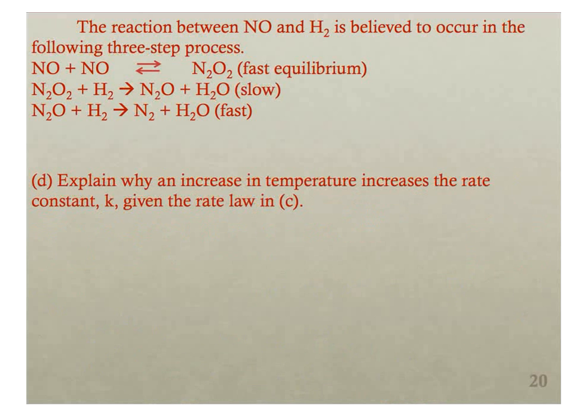All right, now here it says explain why an increase in temperature increases the rate constant K given our rate law. So remember, we have our rate law. Rate was equal to K times NO squared times the concentration of H2. So it says explain why an increase. We know that an increase in temperature increases the rate, but this one says to explain why.